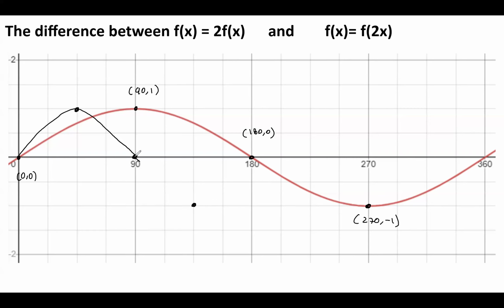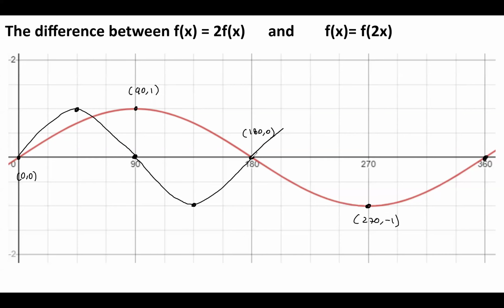And hopefully you can see what is going to happen. We are now going to get 2 cycles within a 360 interval. So this is our first cycle, and then we are going to get another cycle within that 360 interval. So if we again think about 360, well, 360 is going to become 180. So that's going to end up over here.